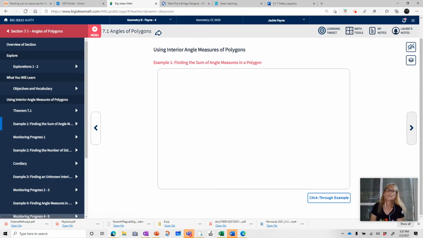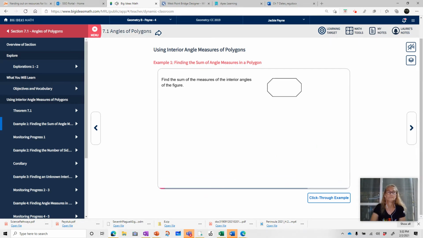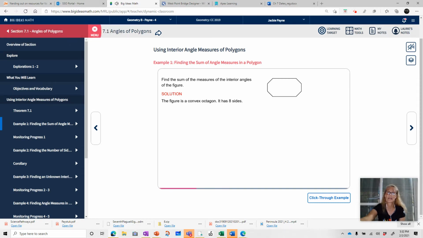So here's an example where you want to find the sum of angle measures in a polygon. Find the sum of the measures of the interior angles of the figure. Solution. The figure is a convex octagon. It has 8 sides. Use the Polygon Interior Angles Theorem. By this theorem, the sum of the measures of the interior angles of a convex n-gon is the quantity n minus 2 times 180 degrees.